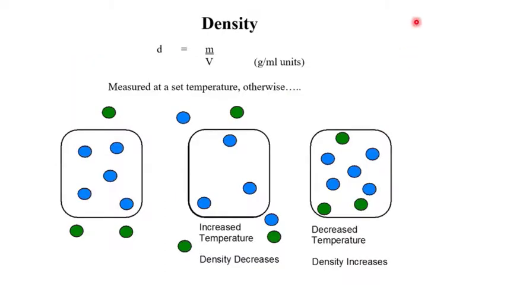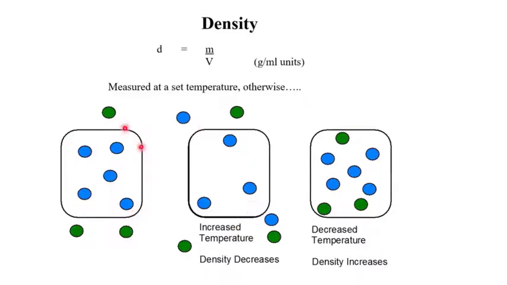Now, we also have some measurements on density. Remember, density is a physical property. We're measuring a mass in a given volume, and it's showing us how literally dense that matter is. But the density has to be measured at a steady constant temperature. And that's because at different temperatures, the kinetic energy of the molecules change.